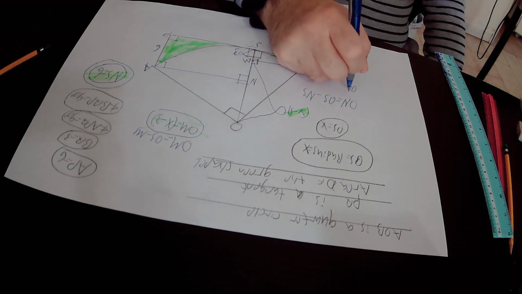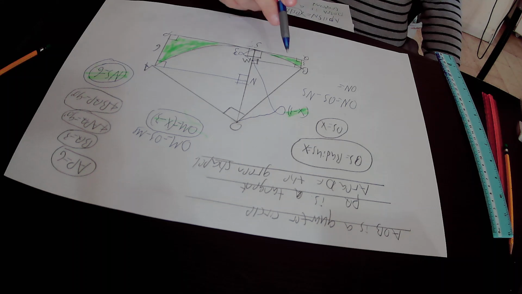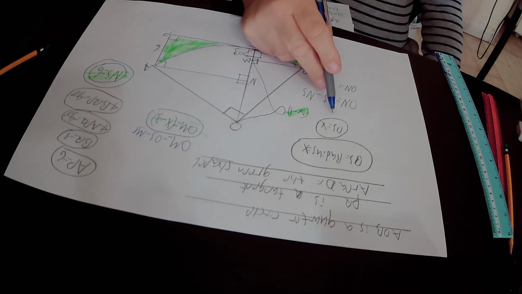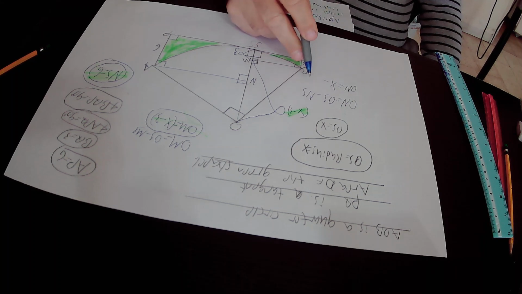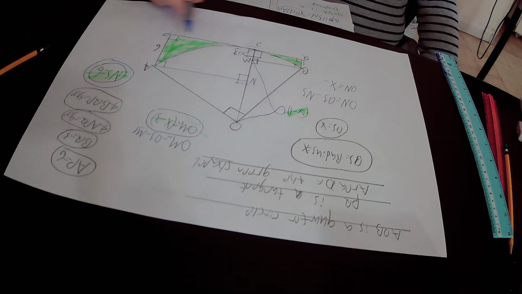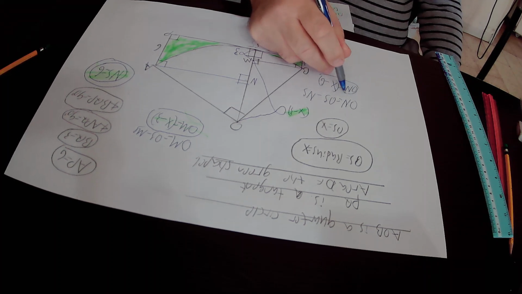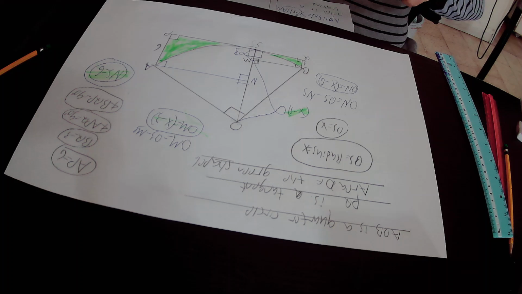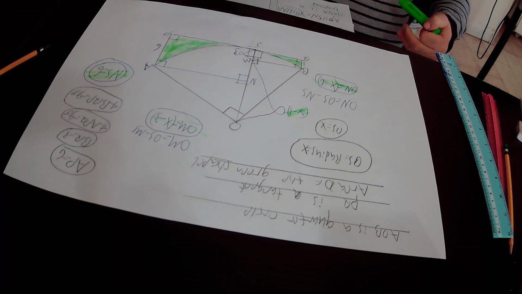OS is the radius of the quarter circle, which is equal to X according to our definition, minus NS. NS equals 6. So in total, ON equals X minus 6 units in length.